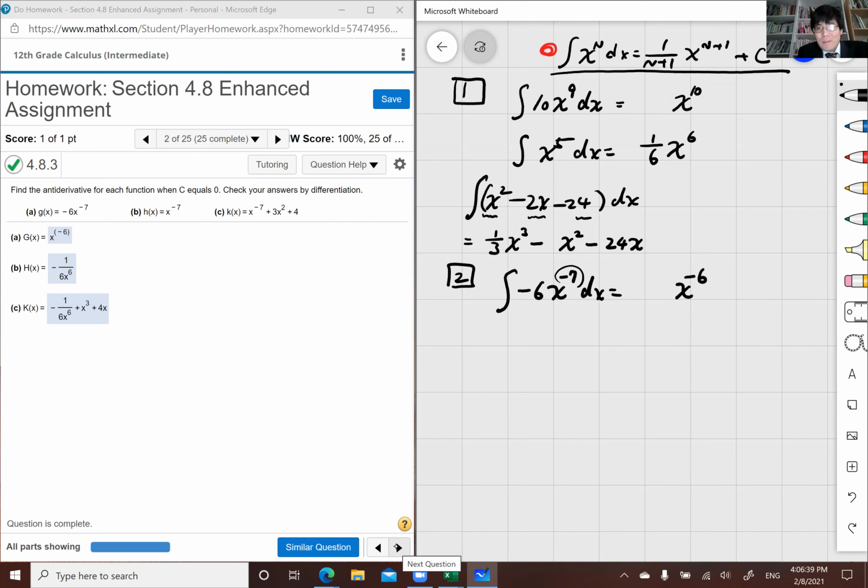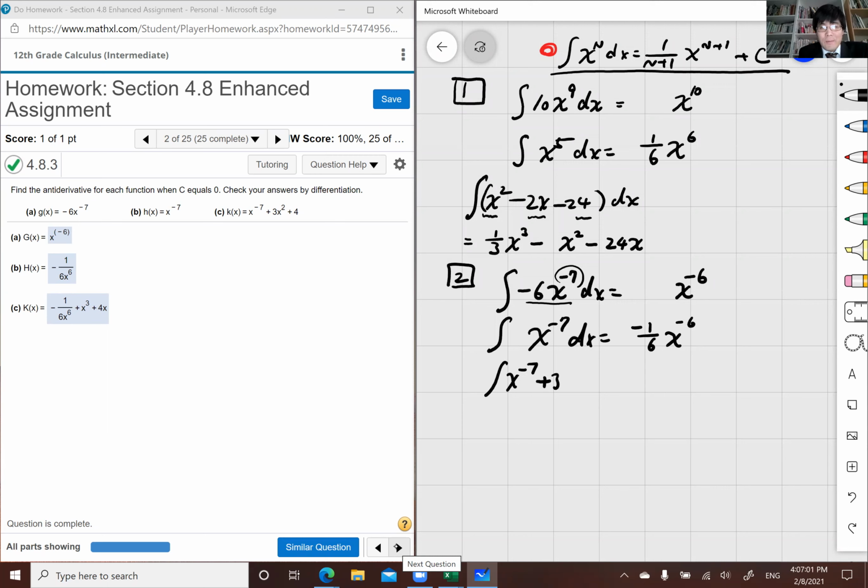And do some mental computation. This gives you the original after you take the derivative. So this is the antiderivative. So you raise by 1 and divide by -6.